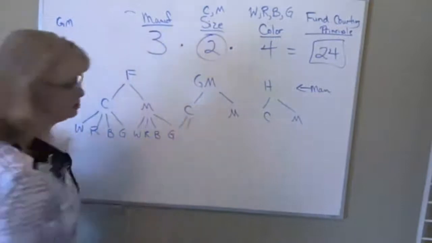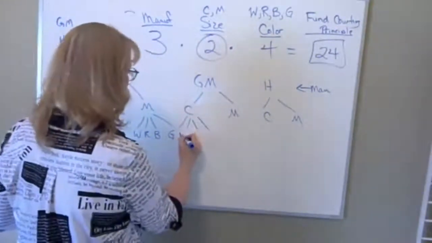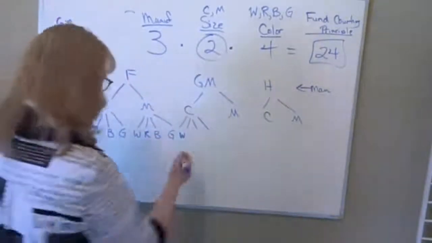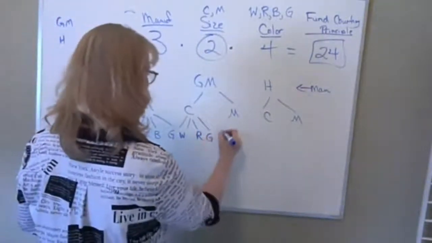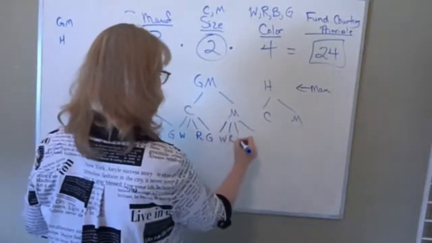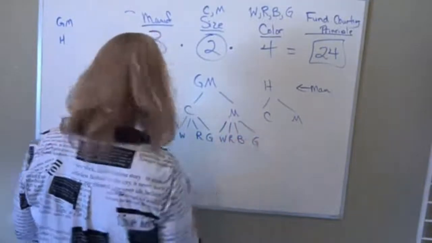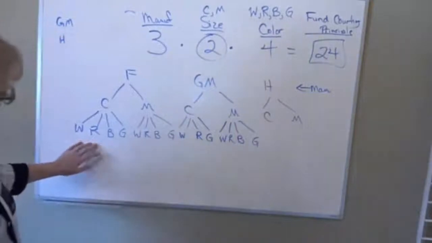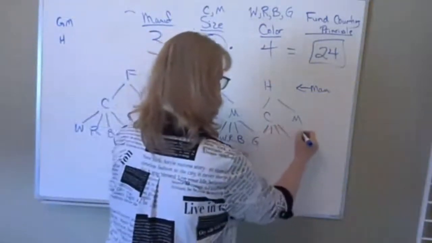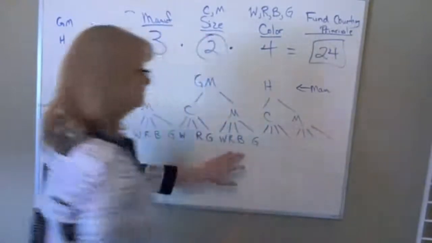This is why the tree diagram is harder, because it's hard to have enough room. Can you imagine if you had like 10 colors or 10 manufacturers? This gets really hard to draw the tree diagram. And so you can see I have 4, 4, 4, 4, and you're going to have 4 more here and 4 more here.